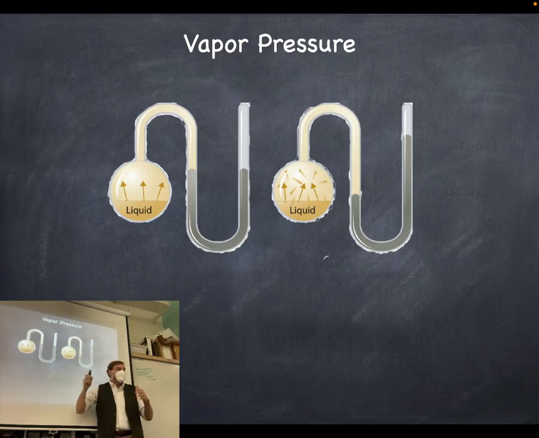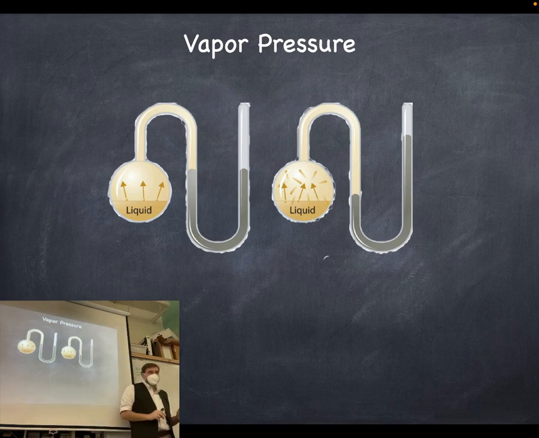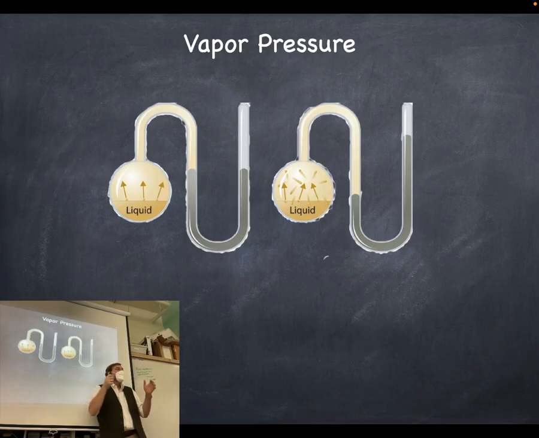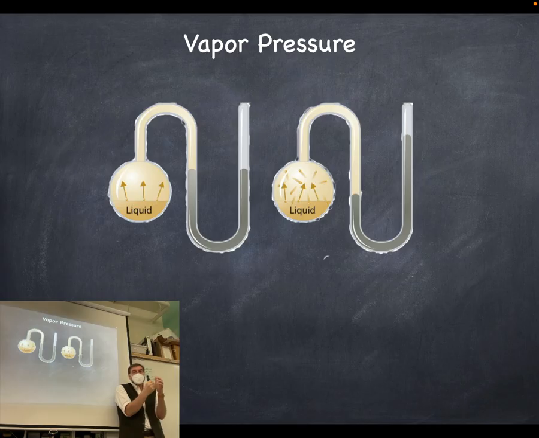The vapor pressure is going to depend on two key factors. It's going to depend on the temperature, which tells me how much energy the particles in the liquid have. But it's also critical for this unit, going to depend on the strength of the intermolecular forces. If the intermolecular forces are strong, hydrogen bonding, large dipole forces, a very strong London dispersion force, if those forces are strong, it's harder for the liquid molecules to break away.